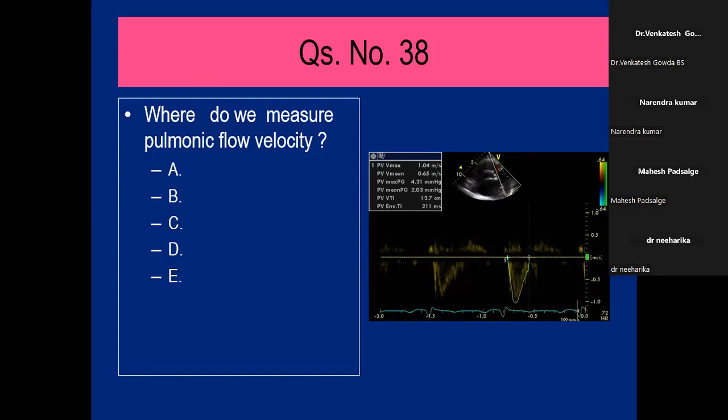Parasternal view, tilting the probe upwards. RV outflow view. We do not see it in the suprasternal notch. RV outflow view, correct. Where else?